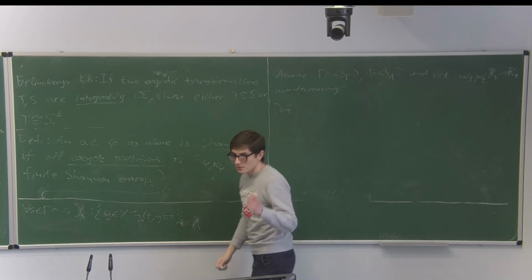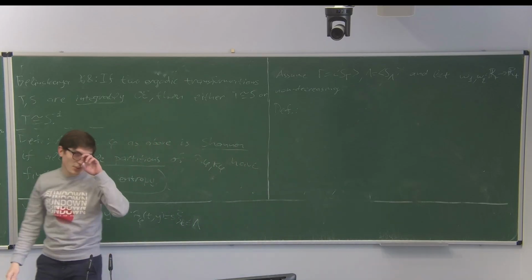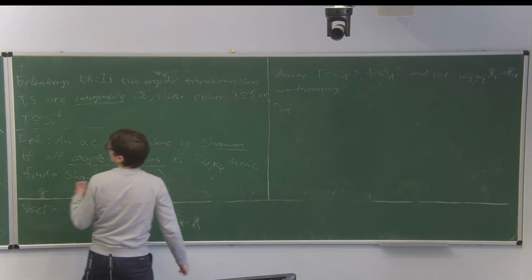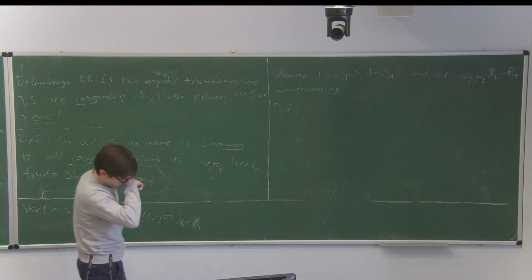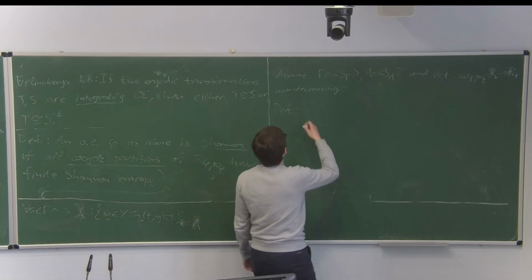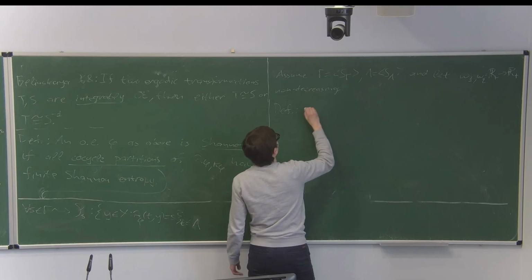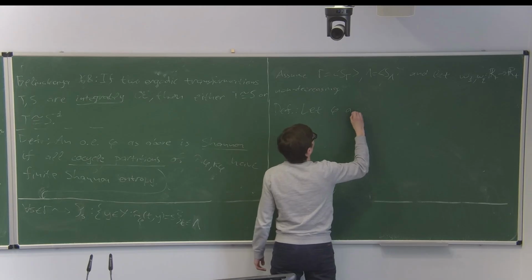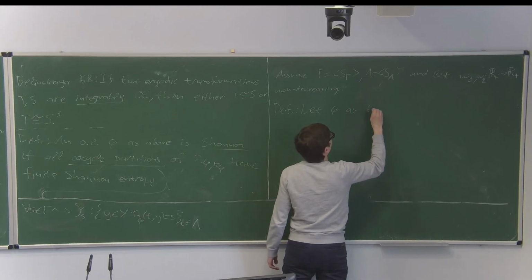We want to use those two functions to somehow determine how fast the cocycles grow. And to do that, let phi be as before.